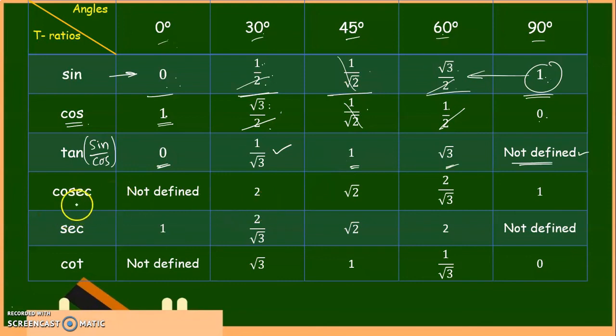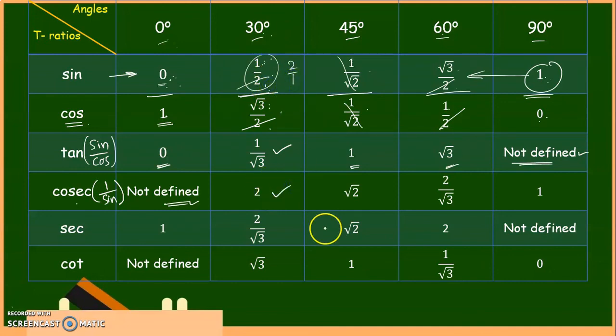Same way if you want to find out the cosec, cosec is the reciprocal of sin. So whatever value you have for the sin, just take the reciprocal of that. So here sin 0 is 0, the reciprocal of 0 is not possible, so the value of cosec 0 is not defined. If you want to find out the value of cosec 30, your sin 30 is 1 by 2, so the reciprocal of 1 by 2 is 2 by 1.